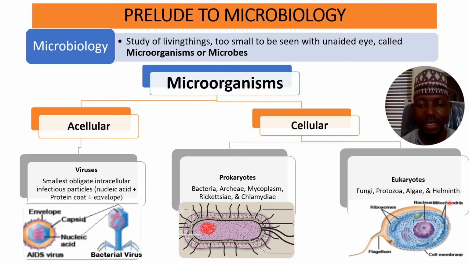So we can categorically say that microorganisms are of three different kinds: the acellular, the prokaryotes, and the eukaryotes. Altogether, we have about ten groups: viruses, bacteria, archaea, mycoplasma, rickettsia, and chlamydia, and then fungi, protozoa, algae, and helminths.